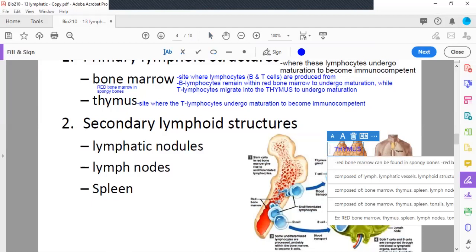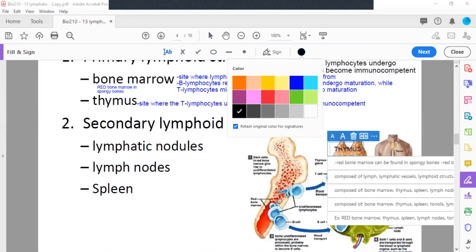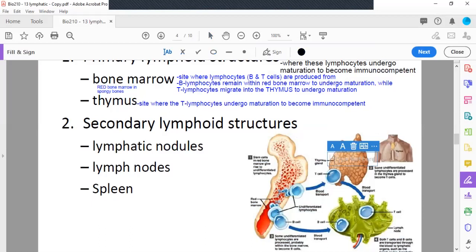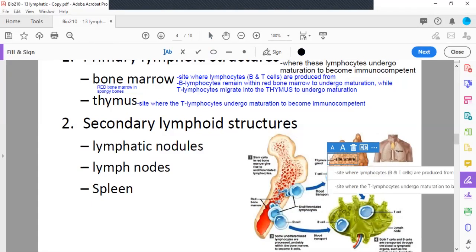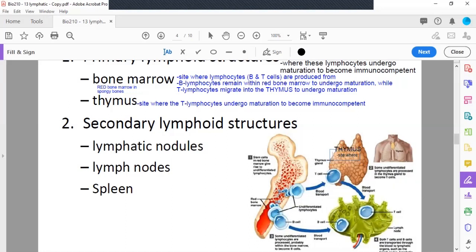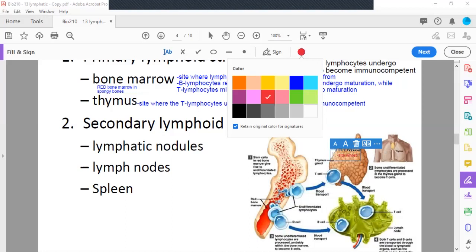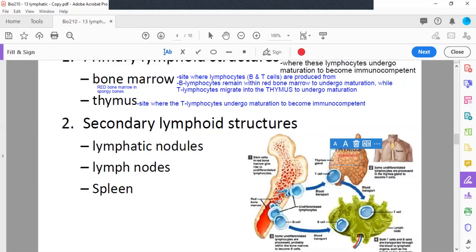Okay, so I'll use darker. Okay, good. So I can say thymus is going to be the thymus, and underneath that I can say, in a smaller size and a different color so it stands out, the site where the T cells undergo maturation.